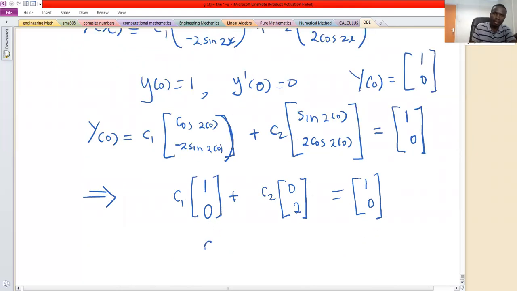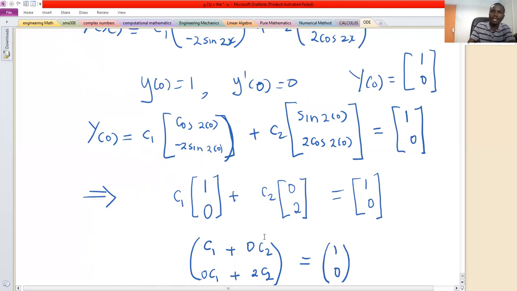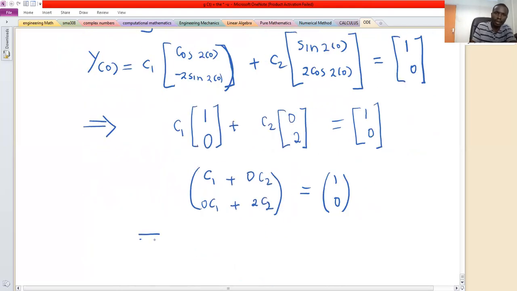So we'll have c1 plus 0 c2, and then 0 c1 plus 2 c2 gives us 1, 0, which implies c1 equals 1. And from the second equation, 2 c2 equals 0, which implies c2 is 0.